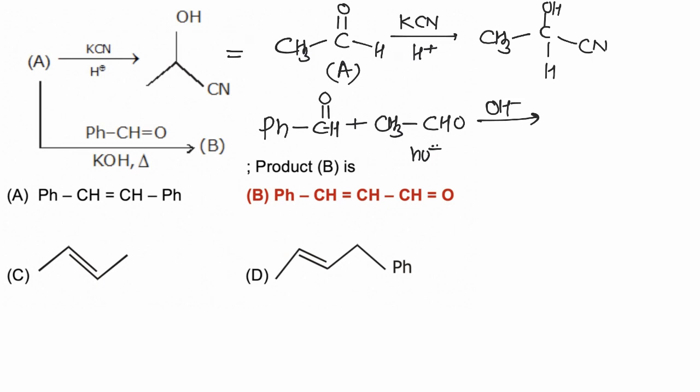In basic medium, CH3CHO will be converted to nucleophile, CH2 negative CHO. Due to presence of alpha hydrogen, it is acidic in nature, and after removal of H positive ion, it will give this nucleophile.